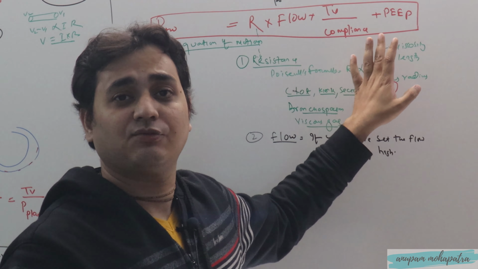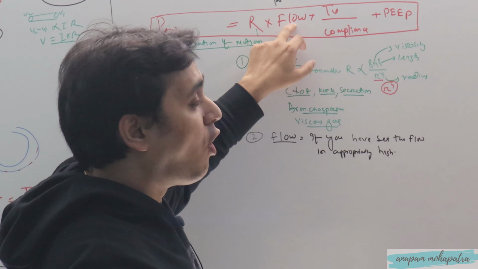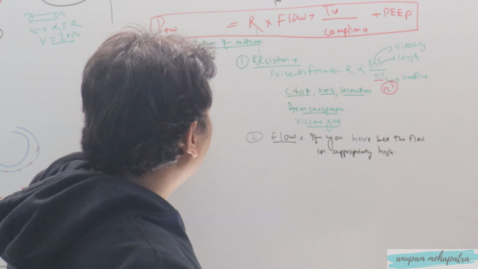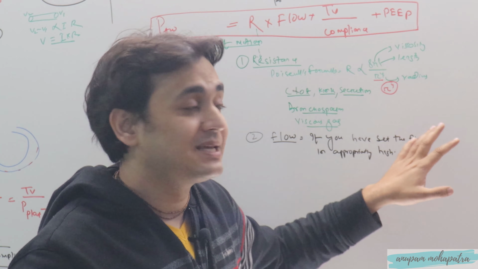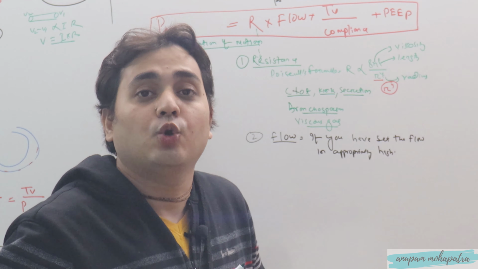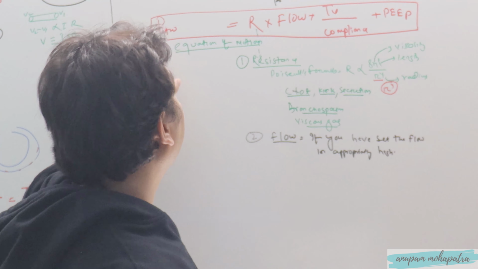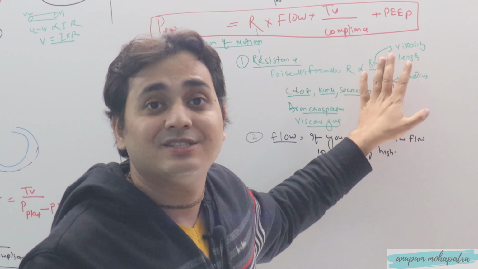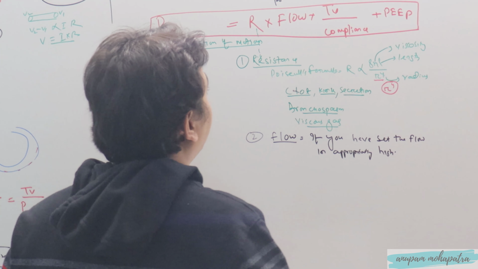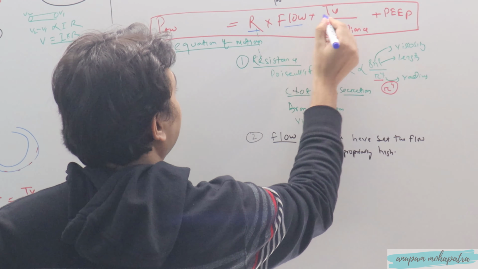When you are setting the person in volume control ventilation, you have set the flow. So the flow on its own cannot increase the peak airway pressure. It is for other reasons that the peak airway pressure will increase, and flow will only contribute to make it look bigger, look larger. So do not come down on flow when peak airway pressure is high. Find out why the peak airway pressure is high.